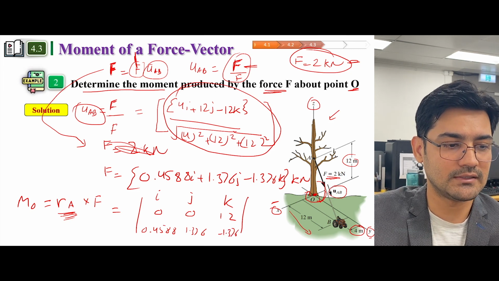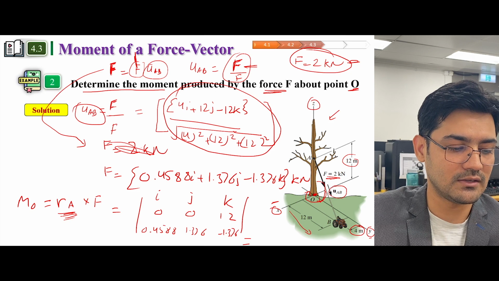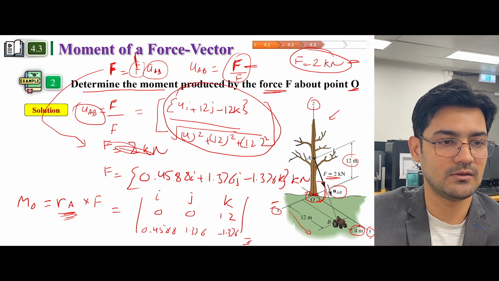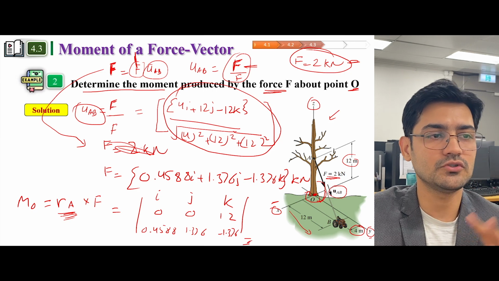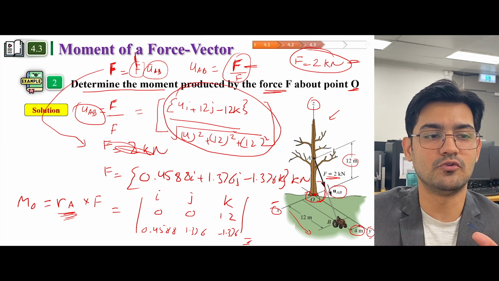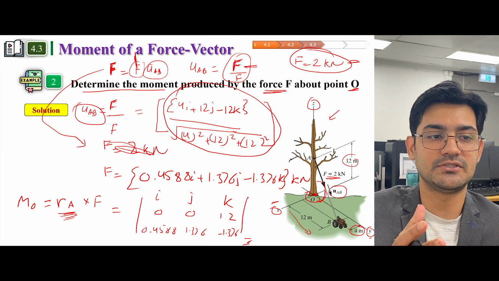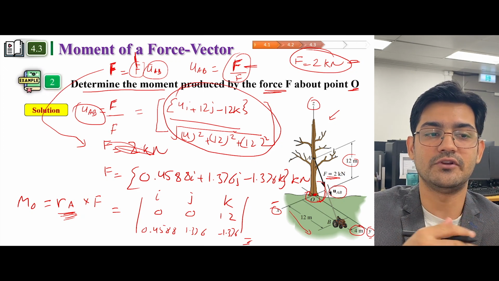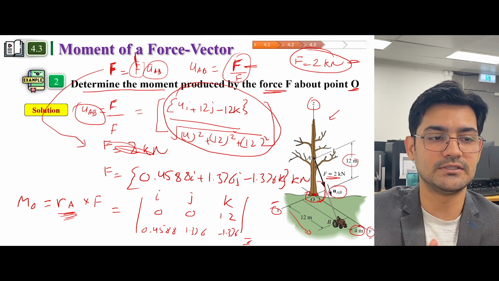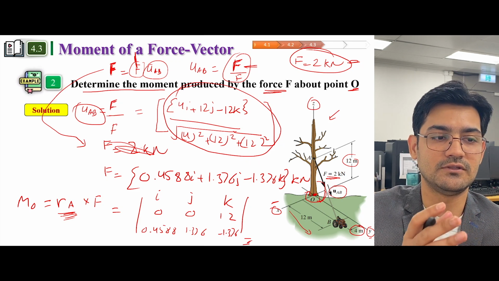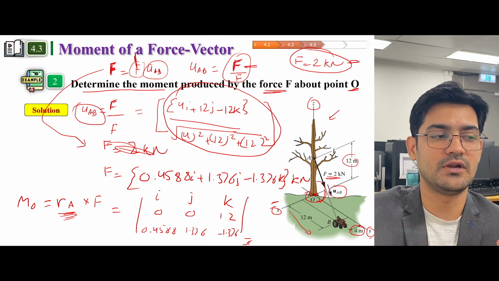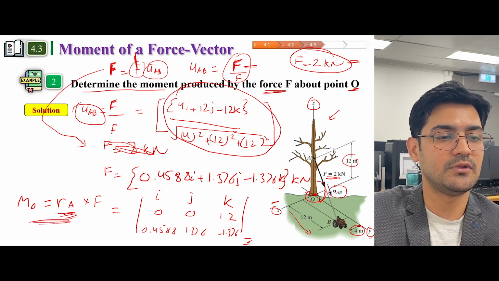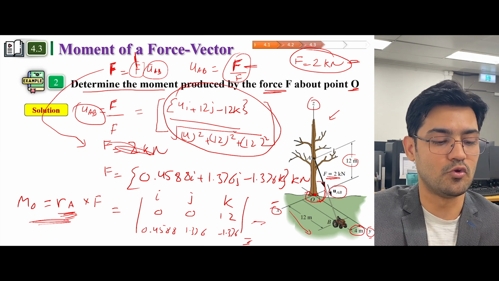So if you do the math, you can calculate the resultant force by using the method which we have discussed previously. So this is roughly how you can calculate the moment if you have a three-dimensional space and you have a force acting somewhere, and then you have to resolve the forces into its components, and then you can also resolve the distances into its components, and then you can use this matrix determinant and can calculate the moment.